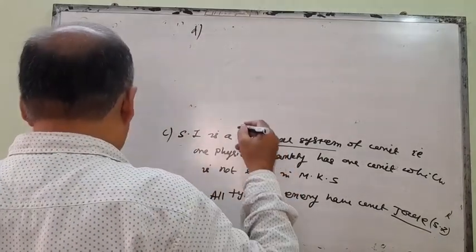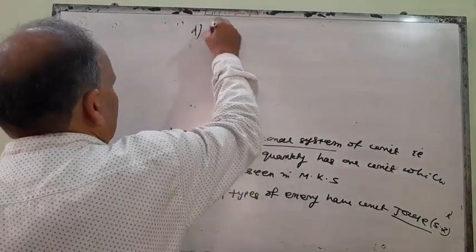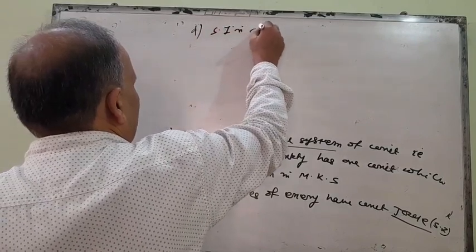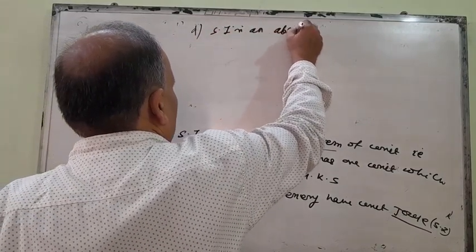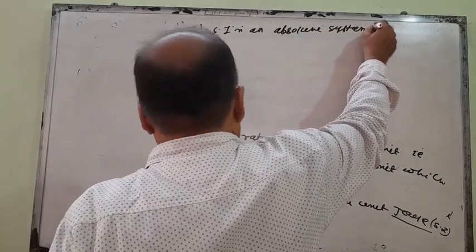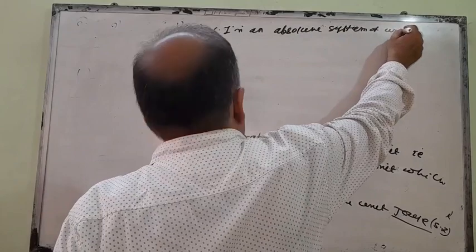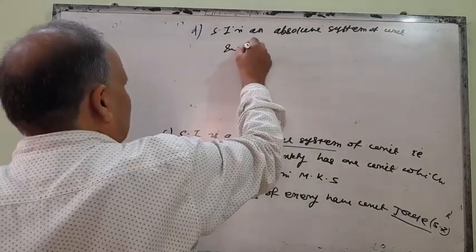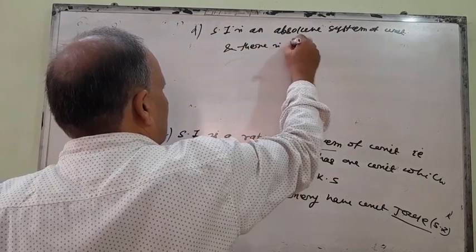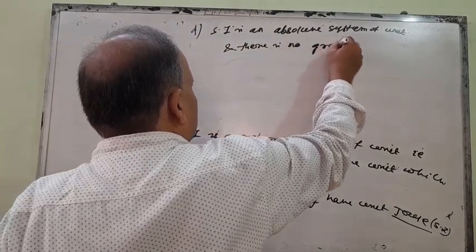SI is an absolute system of unit, and there is no gravitational unit.